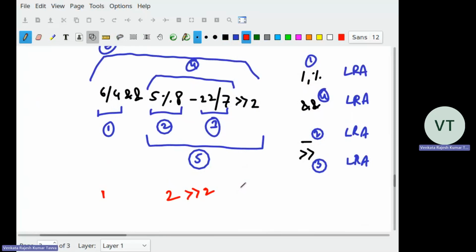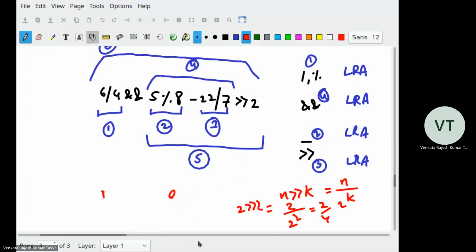Division or multiplication with 2? Division. So for instance, n right shift k is equal to n by 2 power k. Similarly, 2 right shift 2 means 2 by 2 squared, that is 2 by 4. So what is 2 by 4? 0. So 2 right shift 2 will be 0. And then what is the next operation? Logical AND. 1 and 0, what is the output? 0. So the value of this entire expression is 0.